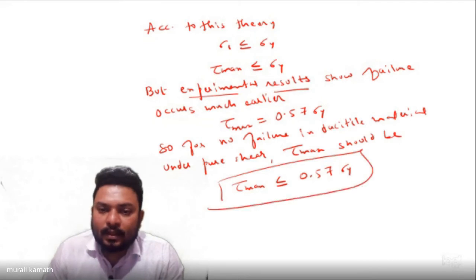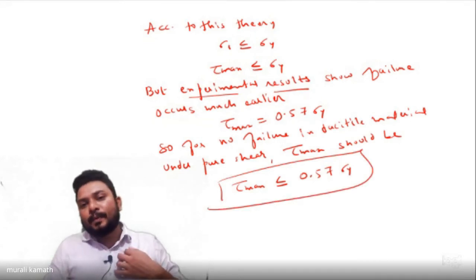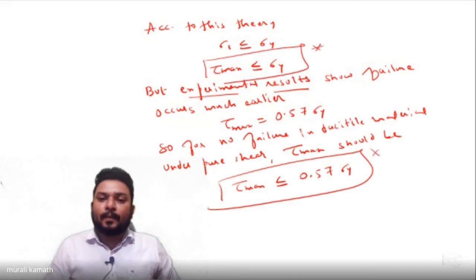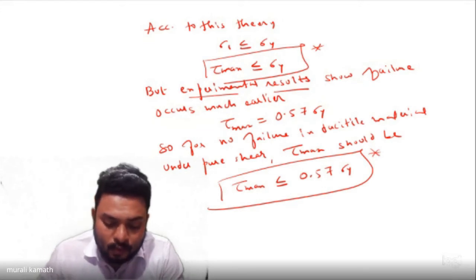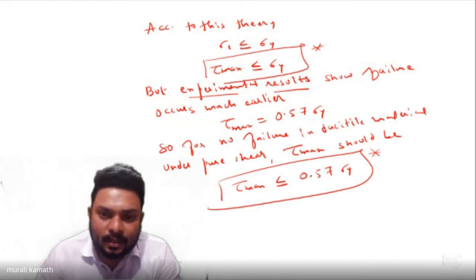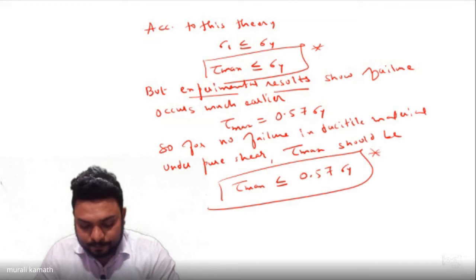Okay, this is as per your experimental result. So this theory says it should be this, but as per experimental result, this is your case. Okay, so you should remember these points. Any questions?